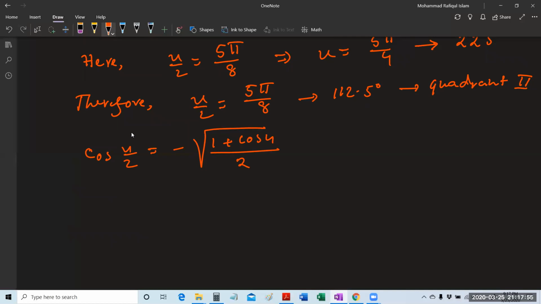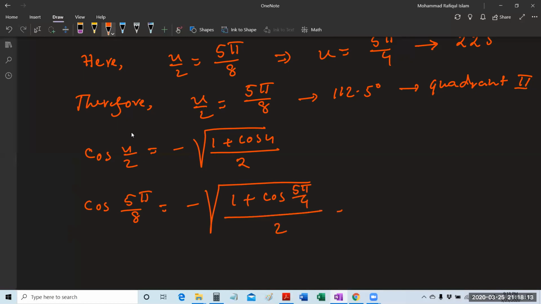If we apply this formula to our current problem, cosine 5 pi over 8 equals minus square root of 1 plus cosine 5 pi over 4 all over 2, equals minus square root of 1 plus negative root 2 over 2, all over 2. Let me rewrite this expression.